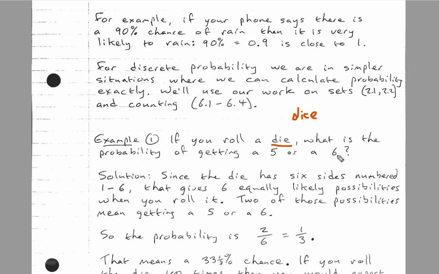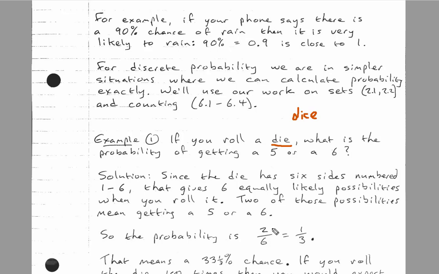So you just roll this die once, look at the number that comes up. What's the probability that it's a 5 or a 6? Well, when you're rolling, there are 6 equally likely possibilities, and 2 of those are what we're interested in, so getting a 5 or a 6. To calculate probability, it's just going to be 2 divided by 6.